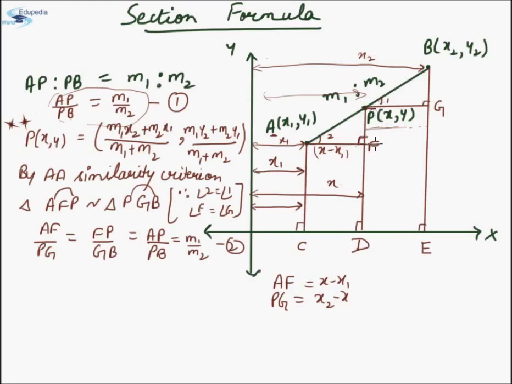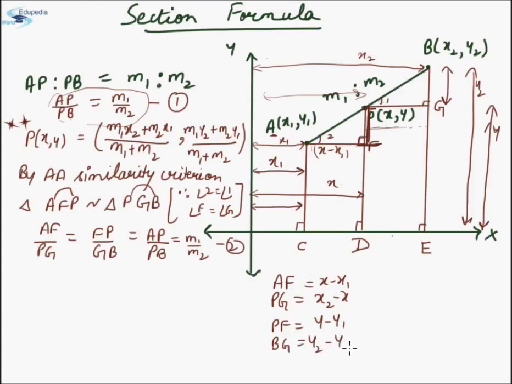Thus this distance is y minus y1, or PF is equal to y minus y1. Similarly, this distance will be this complete distance y2 minus this distance y. So BG will be y2 minus y.